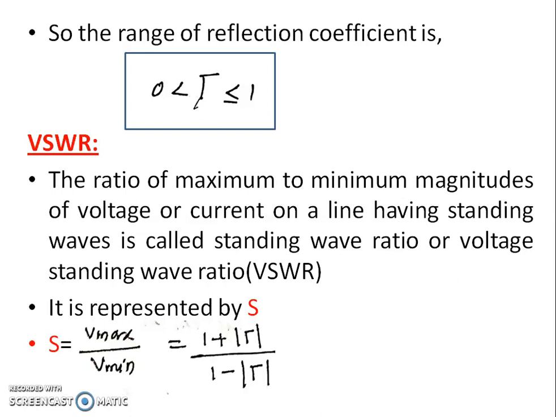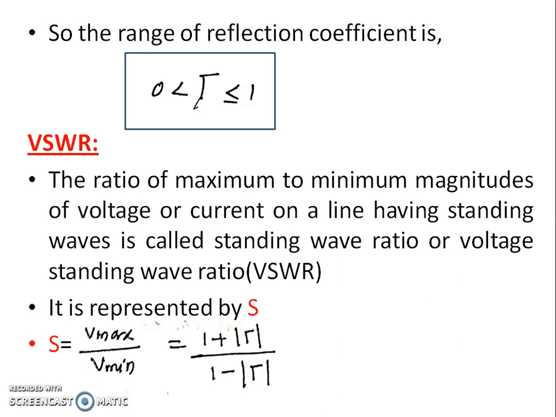So next is the voltage standing wave ratio. The definition of voltage standing wave ratio is mentioned here. It is the ratio of maximum to minimum magnitude of voltage or current on a line having a standing wave, and it is known as the standing wave ratio or voltage standing wave ratio.